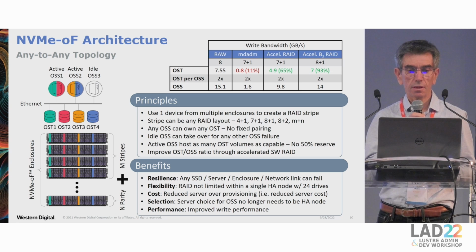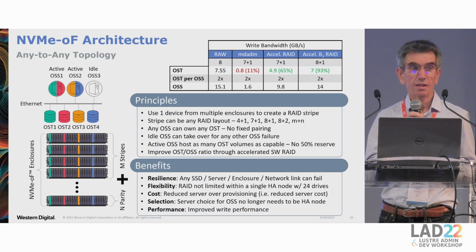So this is very efficient in terms of cost. Instead of having 50% of additional OST servers, you only have a limited cost needed to plan for this with this architecture.